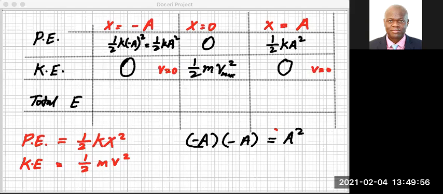You have potential at the amplitude, and then at equilibrium, you only have kinetic, because at equilibrium, the spring is neither stretched nor compressed. Now, if we add these energies at the negative amplitude, what is the total energy? The kinetic energy is 0. The potential energy is 1/2 Ka squared. So what is the sum?